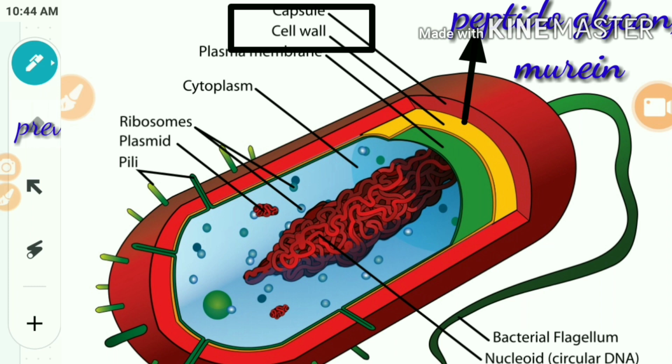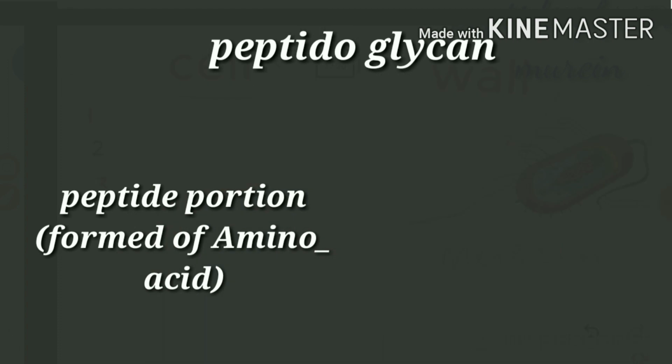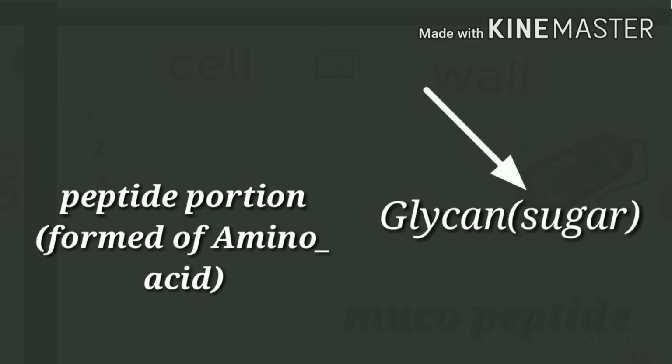The cell wall of almost all eubacteria, meaning true bacteria, is made up of peptidoglycan. The peptidoglycan is also known as murein or mucopeptide. This peptidoglycan consists of two components. The first one is a peptide portion, composed of amino acids, and a glycan, which is the sugar portion.